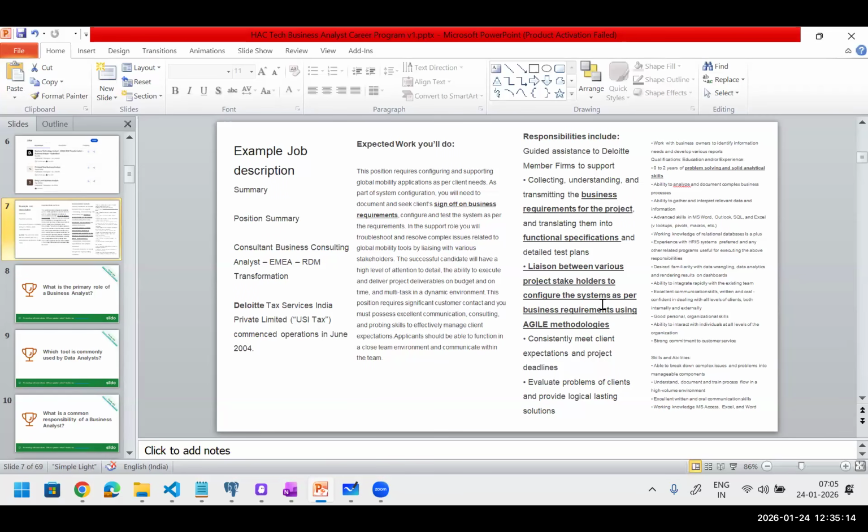Similar to project management's PMBOK, the Project Management Body of Knowledge, there is BABOK, the Business Analysis Body of Knowledge.